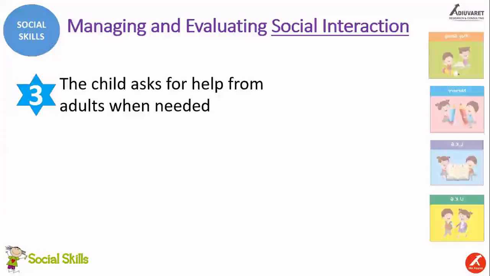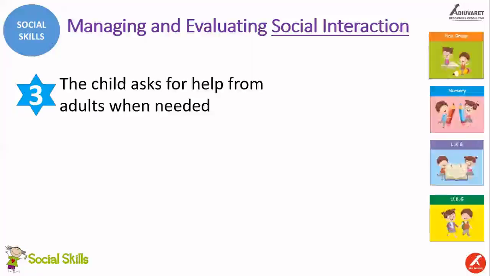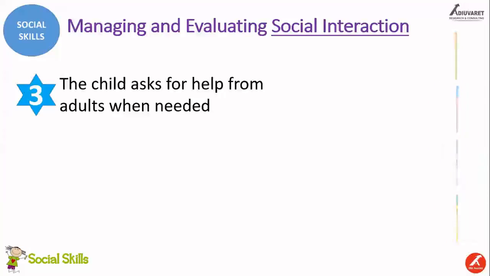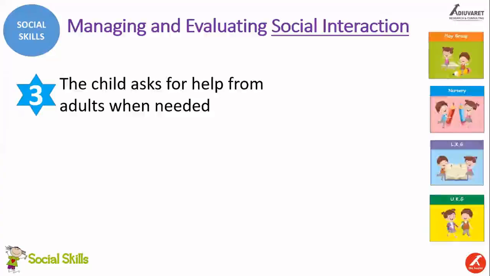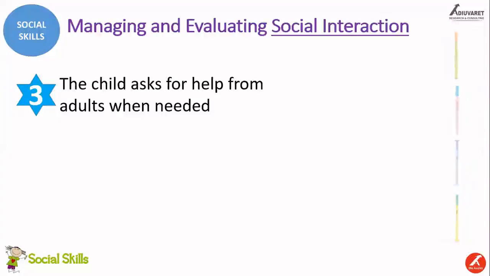When somebody needs help, either self or somebody else, the child reaches out to adults if required, whether teachers in the school, family members at home, or neighbors. If the skill is there, the child will be reaching out.